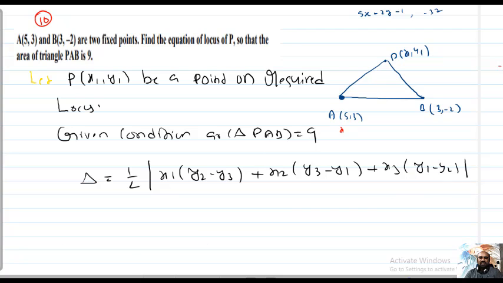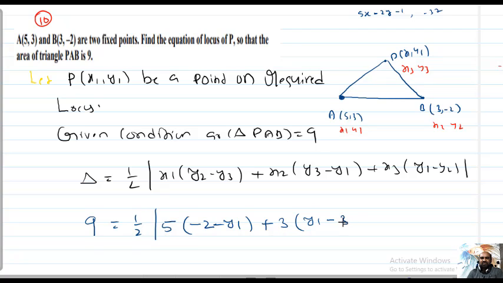So let this be x1 y1, this x2 y2, this x3 y3. Students, substituting: 9 equal to 1 by 2 into x1 means 5, (y2 minus y3) means minus 2 minus y1, plus x2 means 3, (y3 minus y1) means 3 minus y1, cross check, plus x3 means x1 into (y1 minus y2) means 3 plus 2.